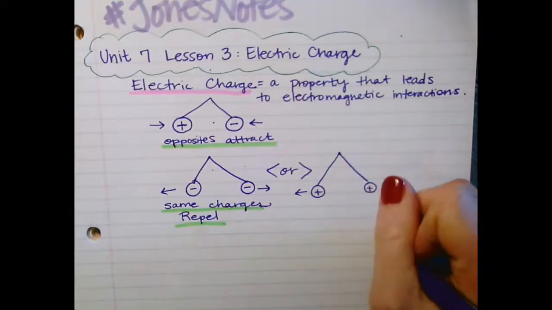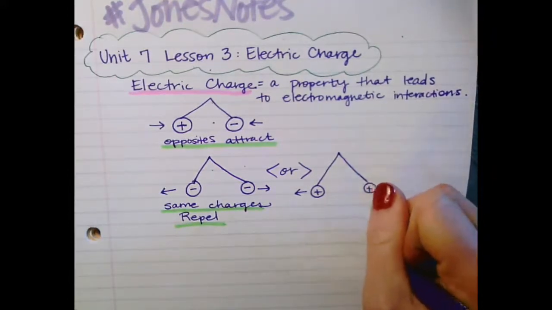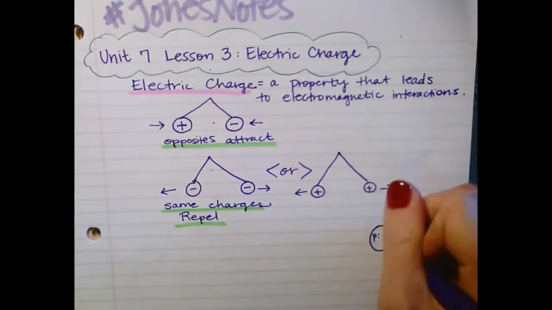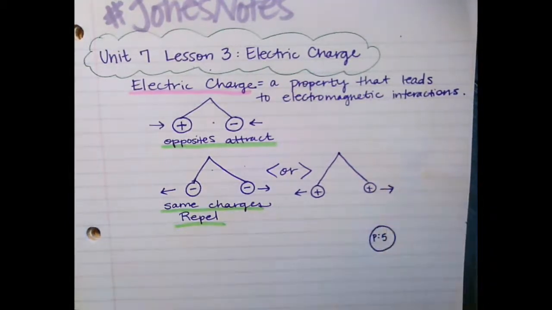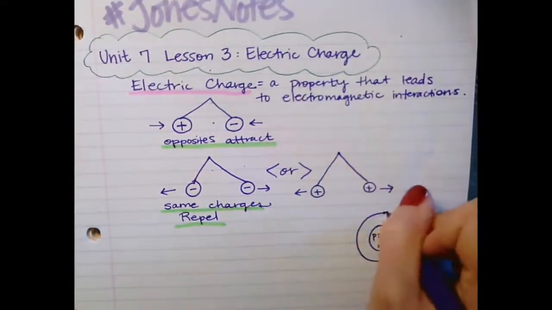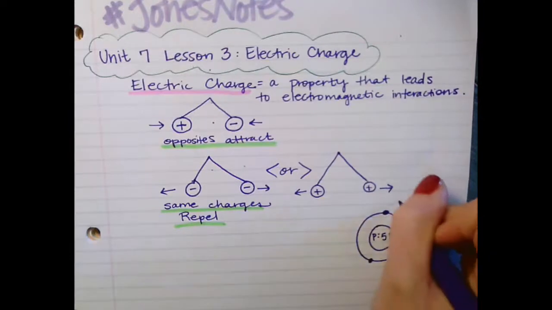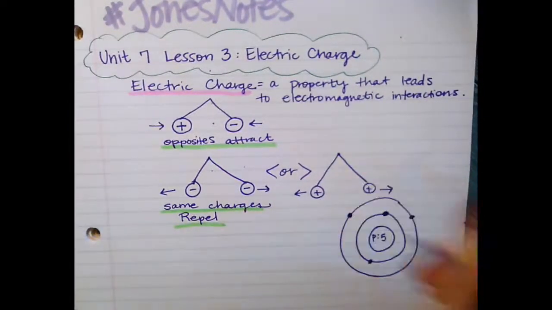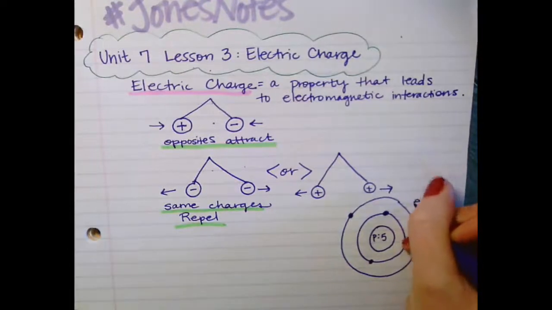So for example, if I have an atom that has protons and there are 5 protons in the nucleus, and the electrons that are floating around, maybe these all have negative charges. Let's say that there are only 4 electrons.